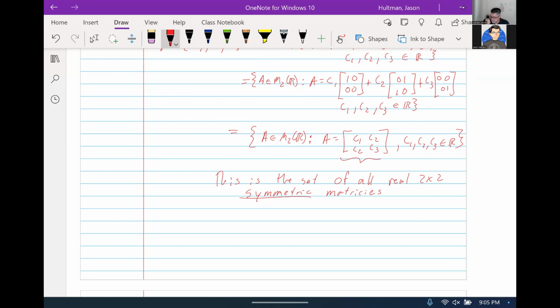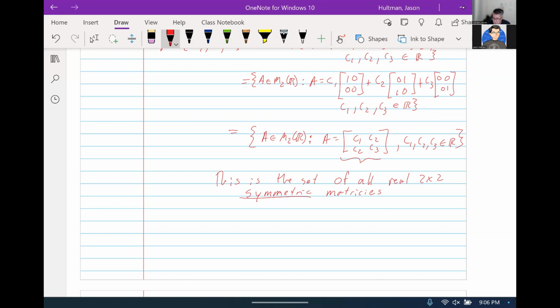And we could prove that this doesn't span all of M2R, but what does it span? It spans all of the symmetric matrices. So we would have the subspace of symmetric matrices, which does contain the zero vector, and we could prove that it has additive closure and multiplicative closure.